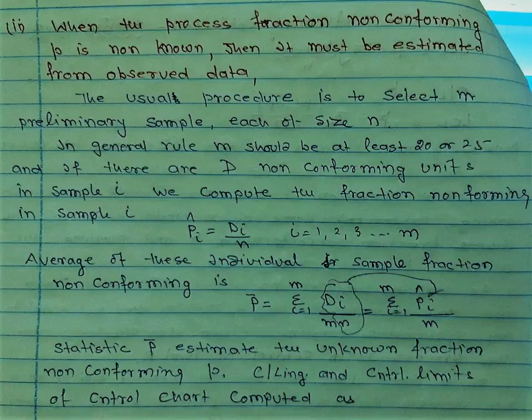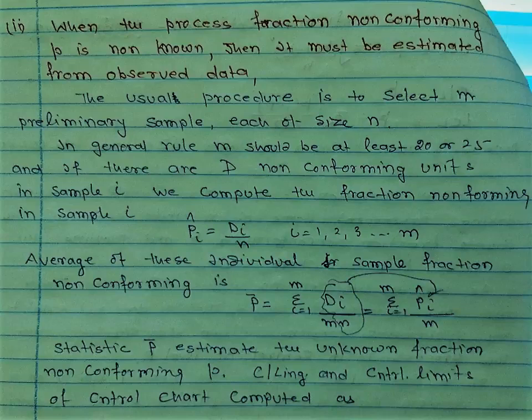The i may be 1, 2, 3 up to m, because we are collecting m samples. So the average of these individual sample fractions non-conforming is P bar. With this formula we calculate the average value, and here D i by n is the fraction of defective parts. So P bar is very simple, it is the sum of P cap i over m. So in statistics, P bar estimates the unknown fraction non-conforming P.